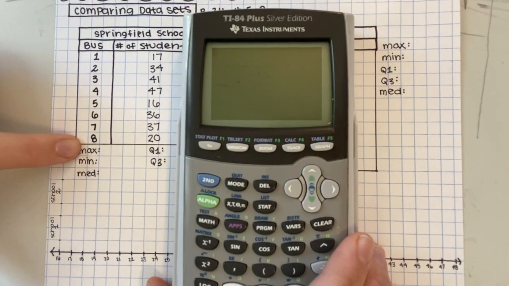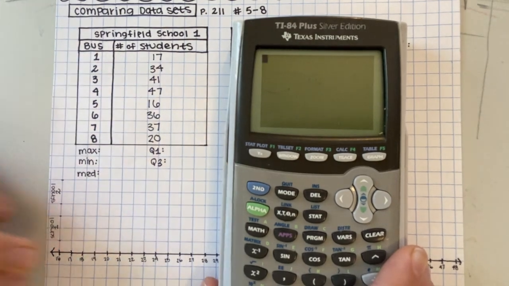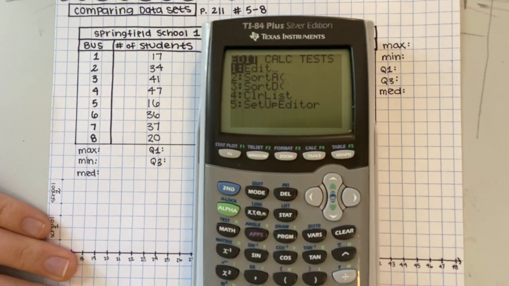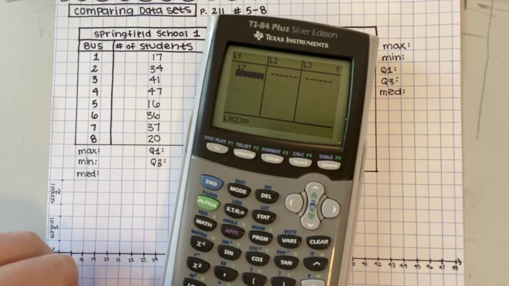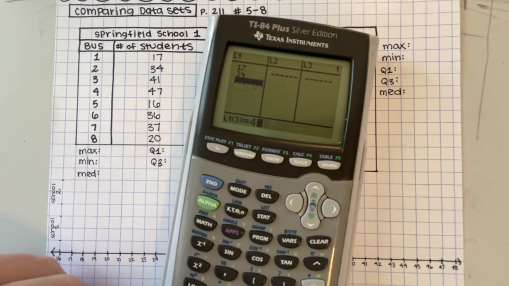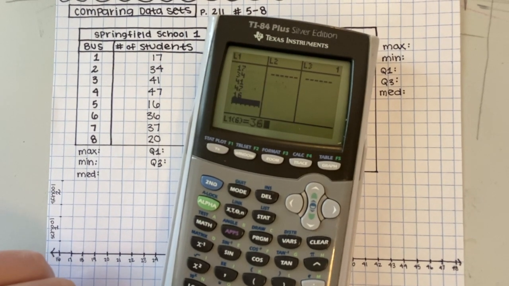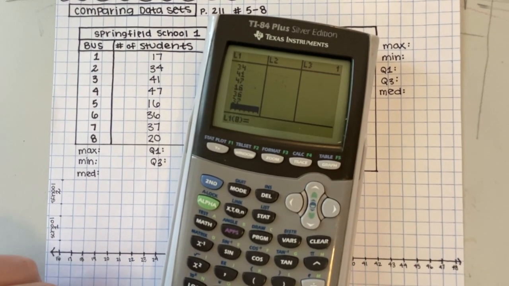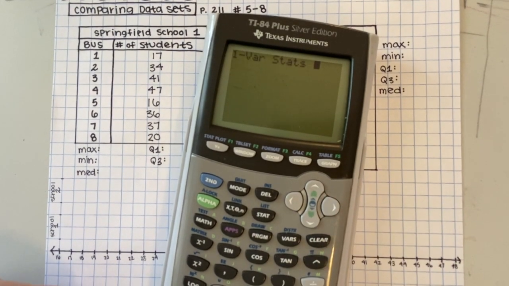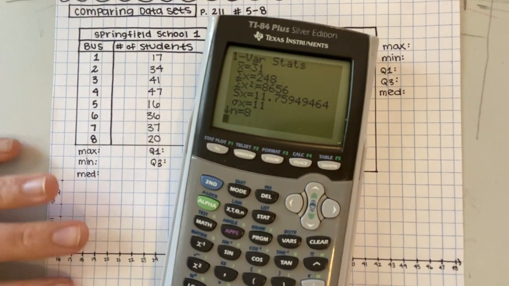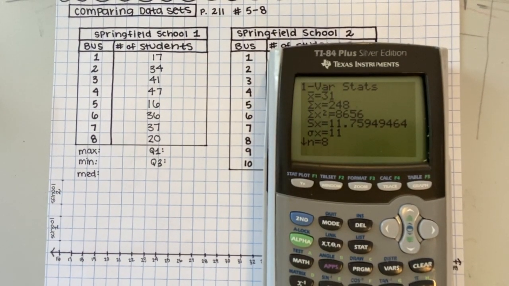I can easily find my maximum, minimum, median, first quartile, and third quartile by just putting it into my calculator. So I'm going to do that really quickly. Once it's in my calculator, I can calculate the statistics, and I've got everything that I need to create a box plot right here.